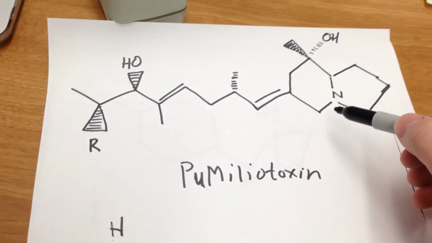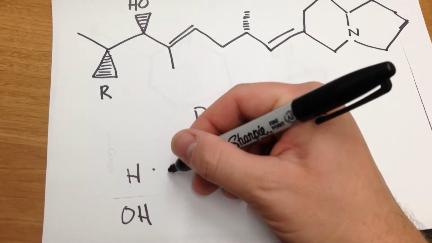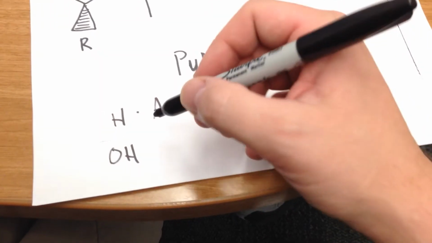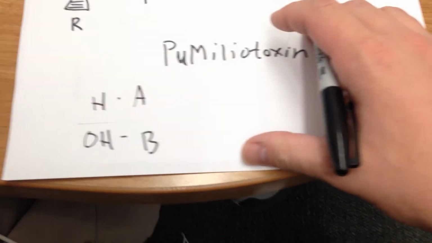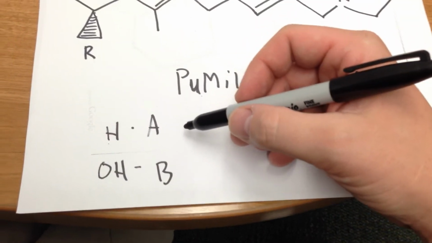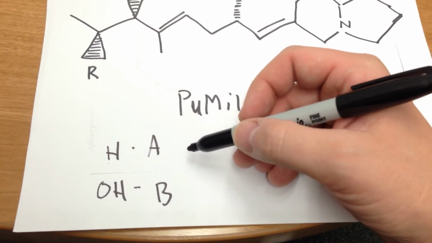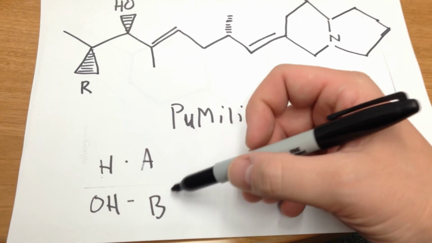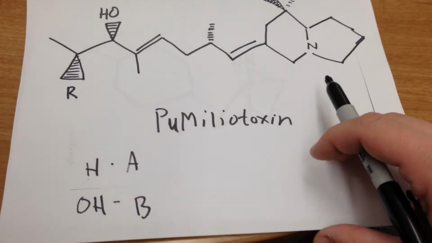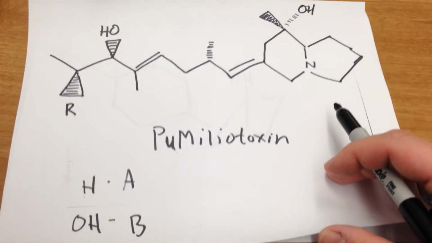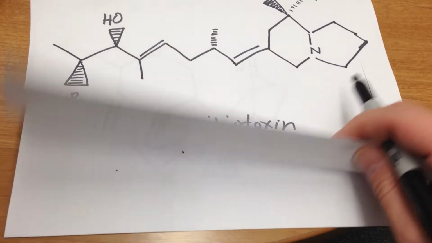If you find a molecule like this with a hydrogen attached, we call this pamilitoxin A. And if it's a hydroxyl group, we call that pamilitoxin B. And there does seem to be some toxicological and biochemical differences in how these react, if it's an A versus the B form. I'm not well versed in the literature on what exactly goes on between the A and B forms.